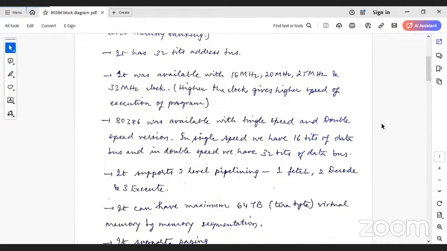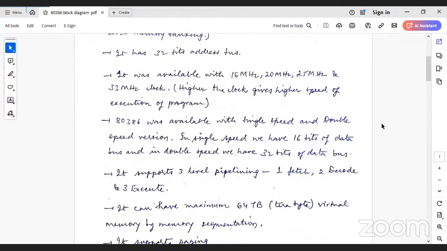Now, where was the necessity to have a single speed and a double speed version of 386? You will also see a little later, when you come across the block diagram and some features of 386, that it has some special features apart from the speed of execution.